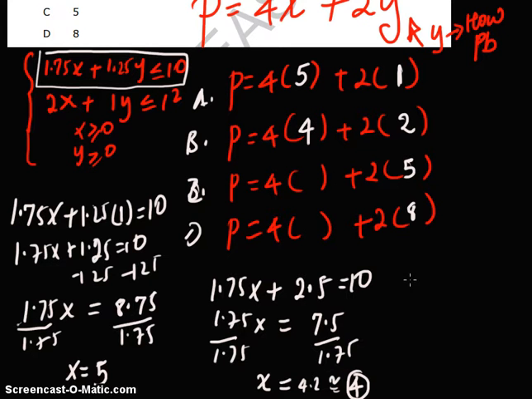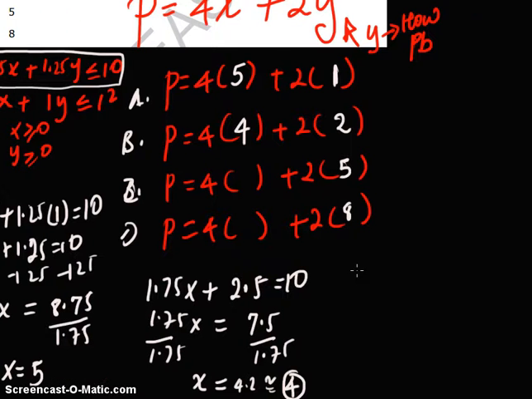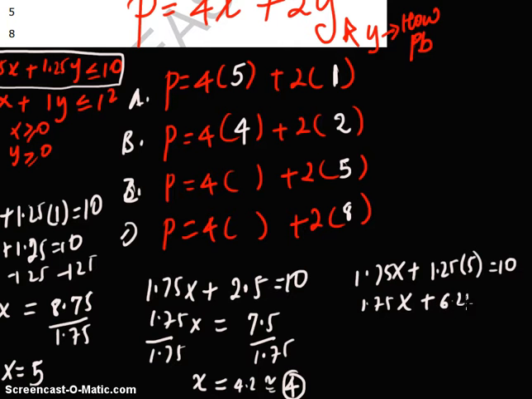Now the next one, we're going to put 5 in there. 1.75X plus 1.25 multiplied by 5, which is 6.25, equals 10.